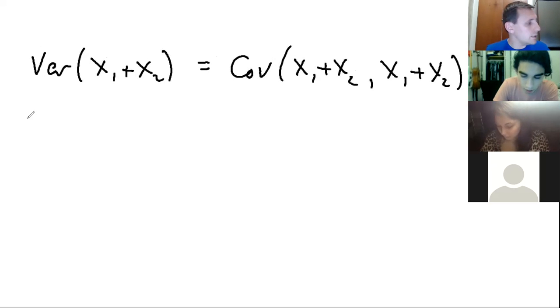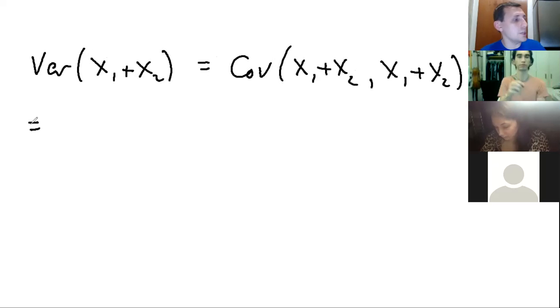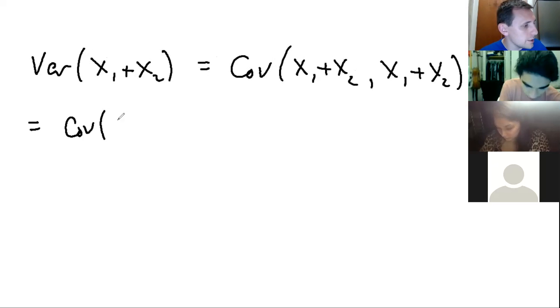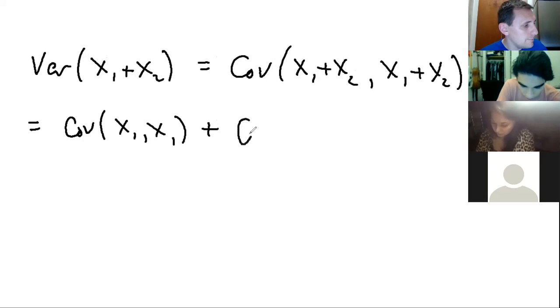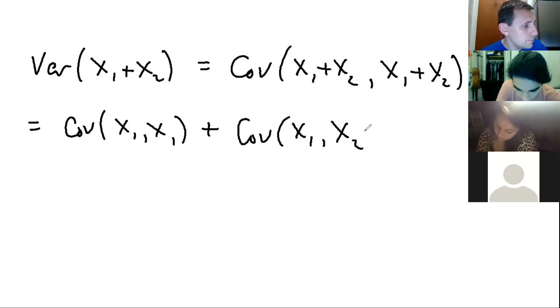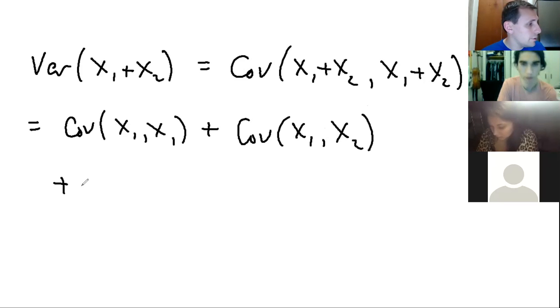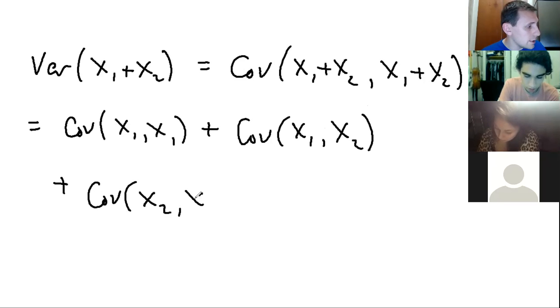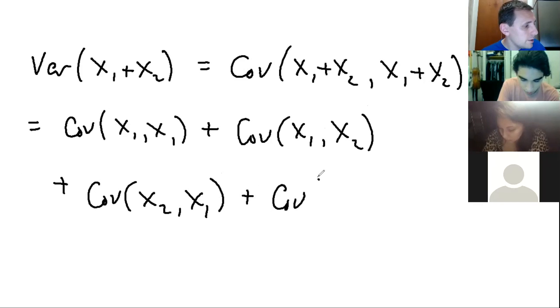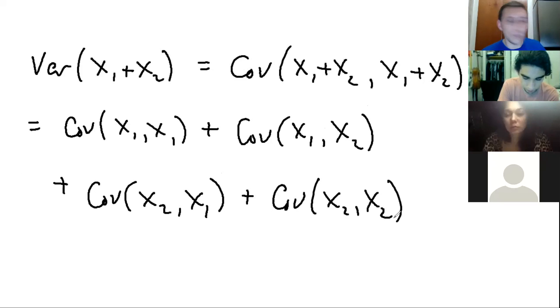Yes? And that means I have every combination. So I will have covariance of x1 against x1, of x1 against x2, of x2 against x1, and of x2 against x2. Do you all see that?